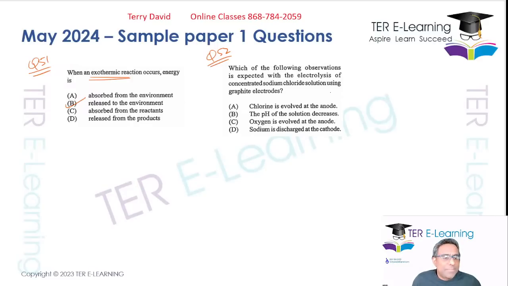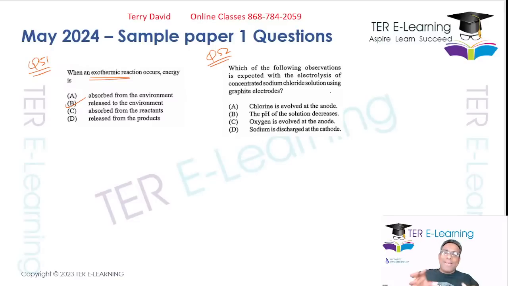Somebody's asking to explain D. They said when an exothermic reaction occurs, energy is released from the products. So people are asking what's the difference between the answers for B and D. In B they said release to the environment. When you have an exothermic reaction, overall, energy is being released to the surroundings.